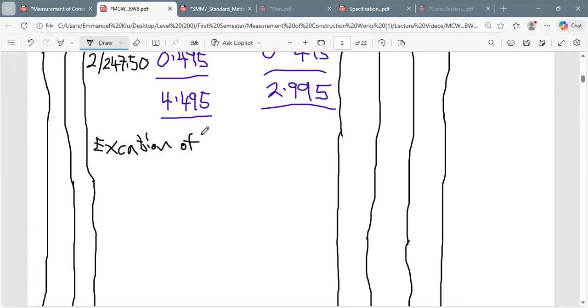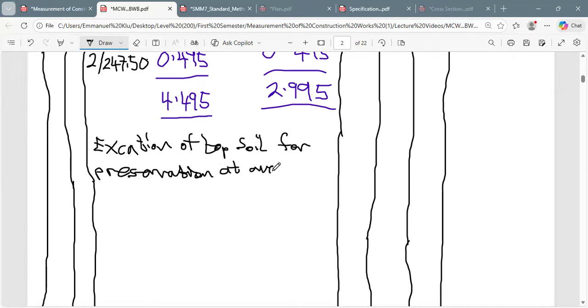Excavation of topsoil for preservation, at average depth of 150 mm.